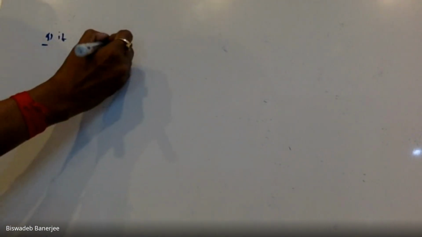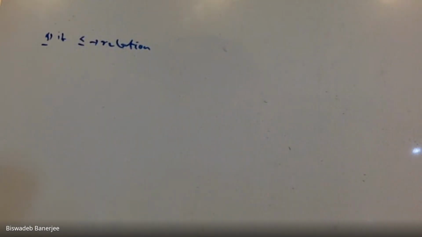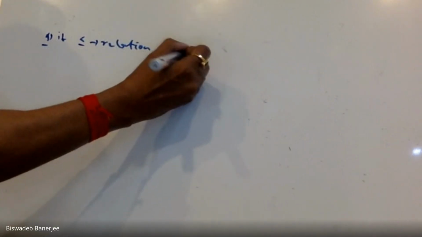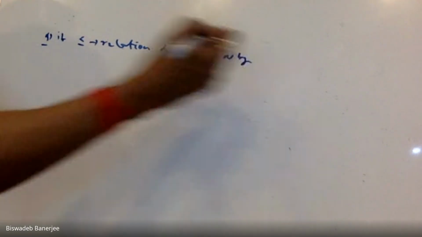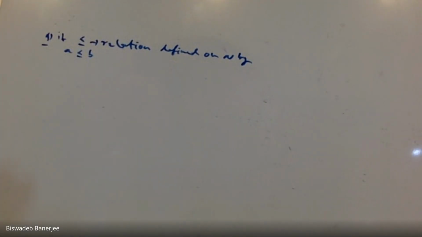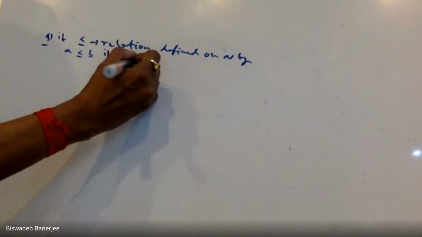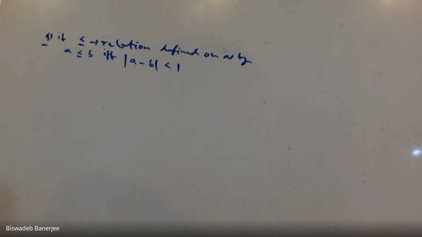Okay. Final question. Suppose there is a relation given, defined on N, where N means the set of all natural numbers, by a less than equal to b if and only if mod of a minus b is less than 1.